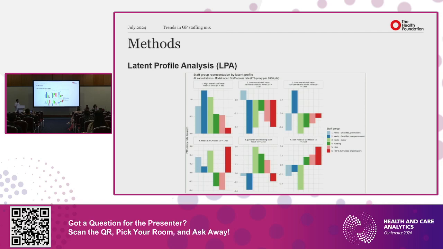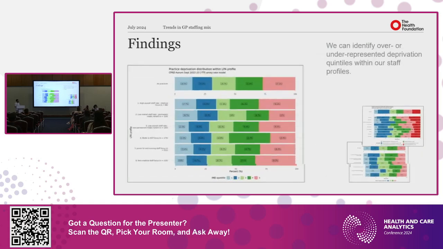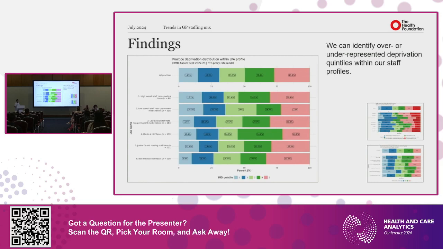So that's essentially what the model gives you. It condenses 6 different staffing measures into one cluster, and we can then quite quickly link our practice level assignments to other practice level variables that we have. So we can start by looking at deprivation. On the top here, we've got the distribution of deprivation across all of our practices, and then we can assess within each of our staffing profiles how deprivation is distributed.